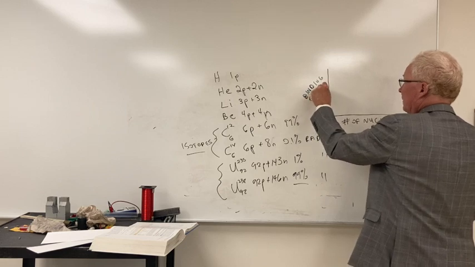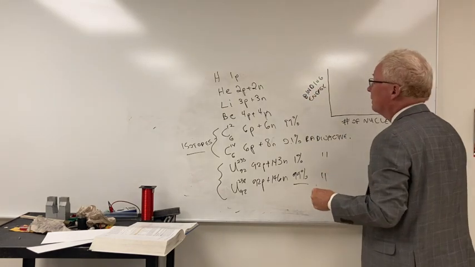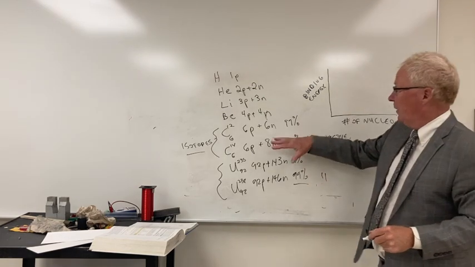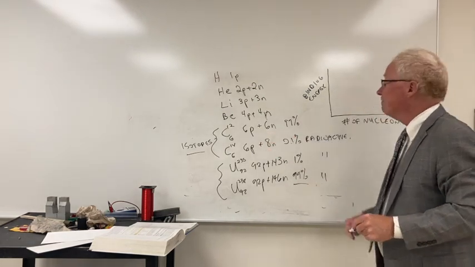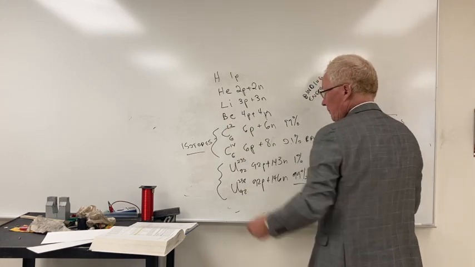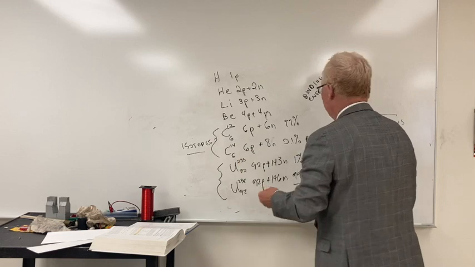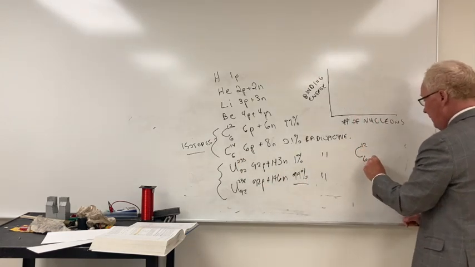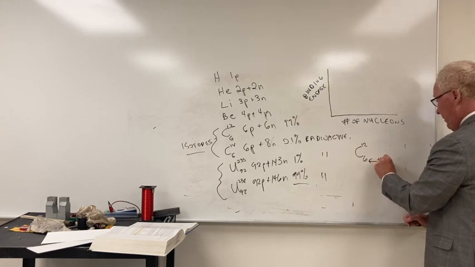I'm not going to get into the details of that. But first of all, before we move on, this number up here is the total. So if we have carbon 12, this is what we call the atomic number.